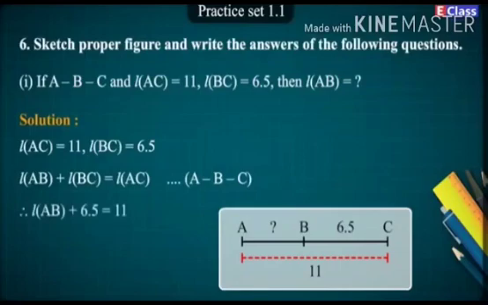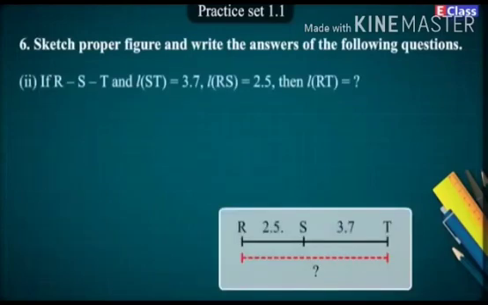Therefore, length of AB plus 6.5 is equal to 11. Therefore, length of AB is equal to 11 minus 6.5. Answer: length of AB is equal to 4.5.